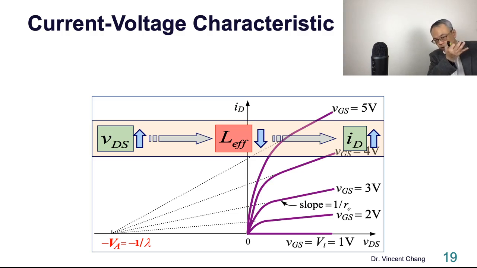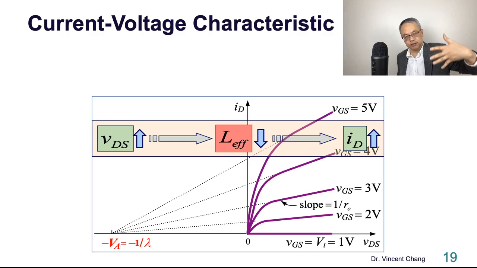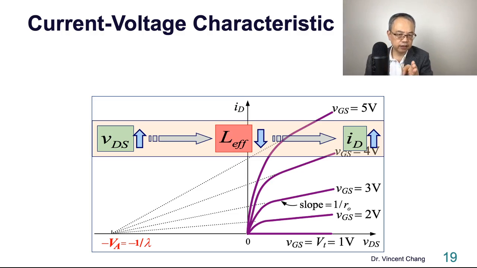We extrapolate the family of the IV curves back to the negative axis, and the intersecting point is defined as VA, or 1 over lambda. The dimension for VA is volt, and for lambda it is the inverse of volt. VA is positive, lambda is positive.